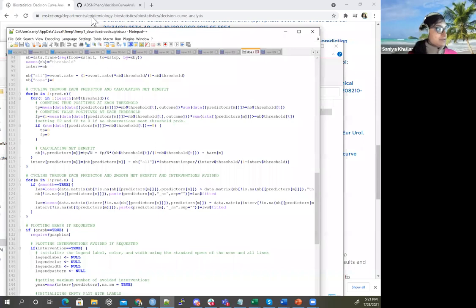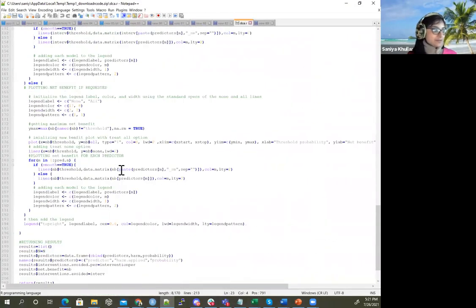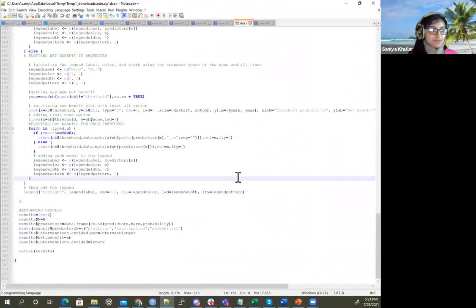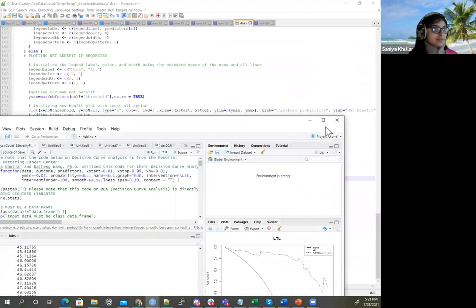So basically you have access to this once you download this R code. And I'm going to show you an example that they provide when you run their code. Let me just pull this up right here.